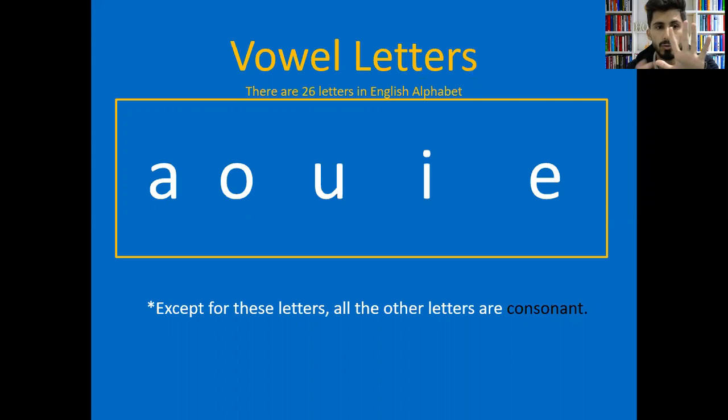If you remember, I told you to write them on the tips of your fingers. Except for these 5 vowel letters, all the other letters are consonants. Now I'm going to tell you why I mentioned this at the beginning of the lesson. First of all, let's speak about ed.